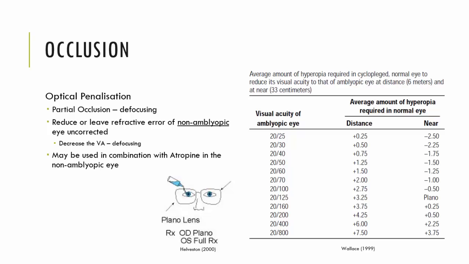So atropine alone may have an intermittent effect on fixation preference, where at near the patient prefers the amblyopic eye, but at far they prefer the sound eye. However, if you combine optical penalisation and pharmacological penalisation, particularly when a patient is hypermetropic, then you increase the likelihood that both distances will be affected and the patient will prefer the amblyopic eye both at near and distance, which increases the intensity of your treatment.